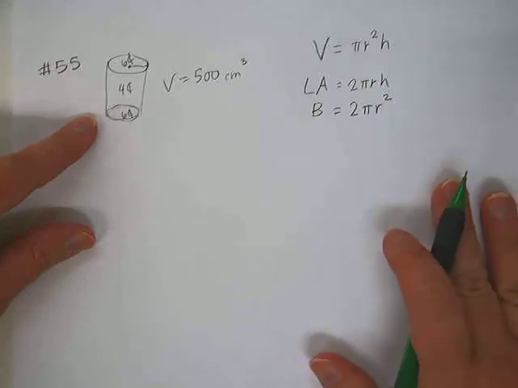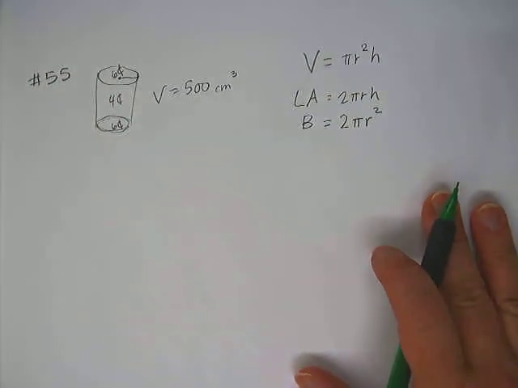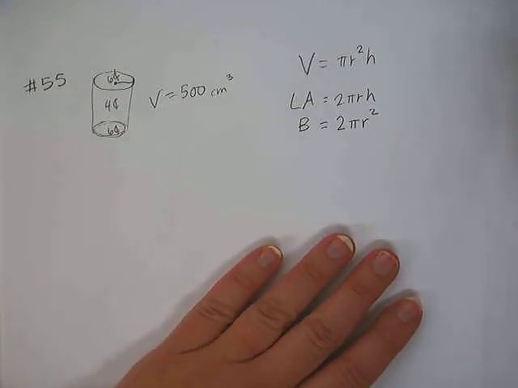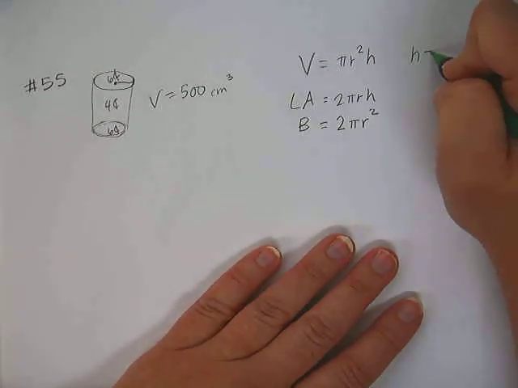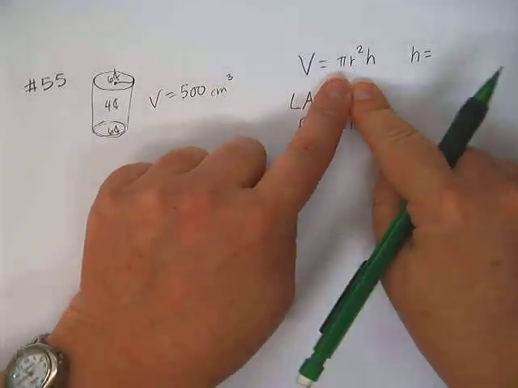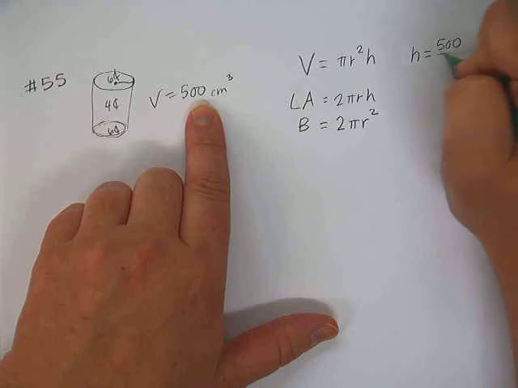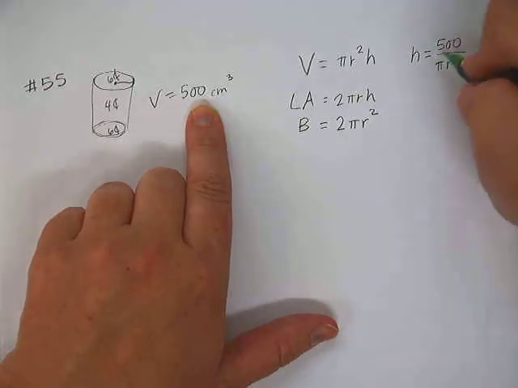So I think the first thing we have to do is take our volume formula and solve it for h, because the function is supposed to be a function of r. So that means the volume is 500 divided by pi r squared.